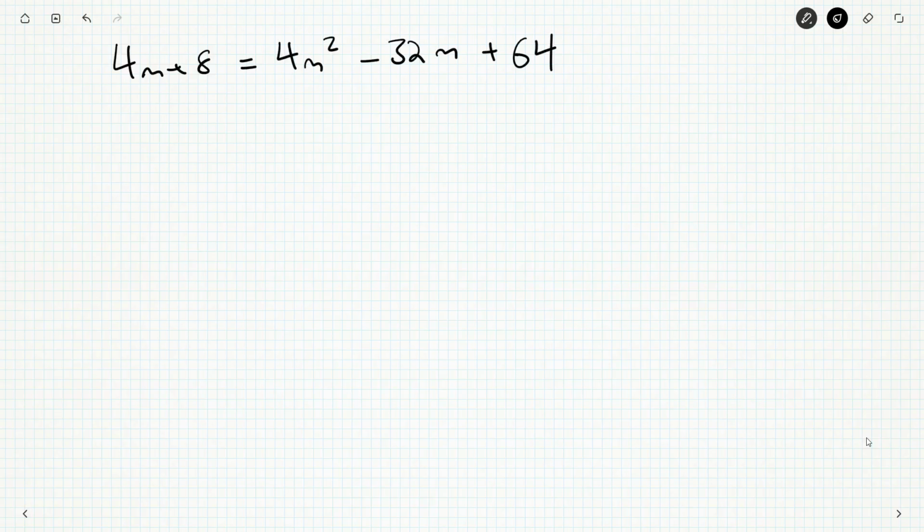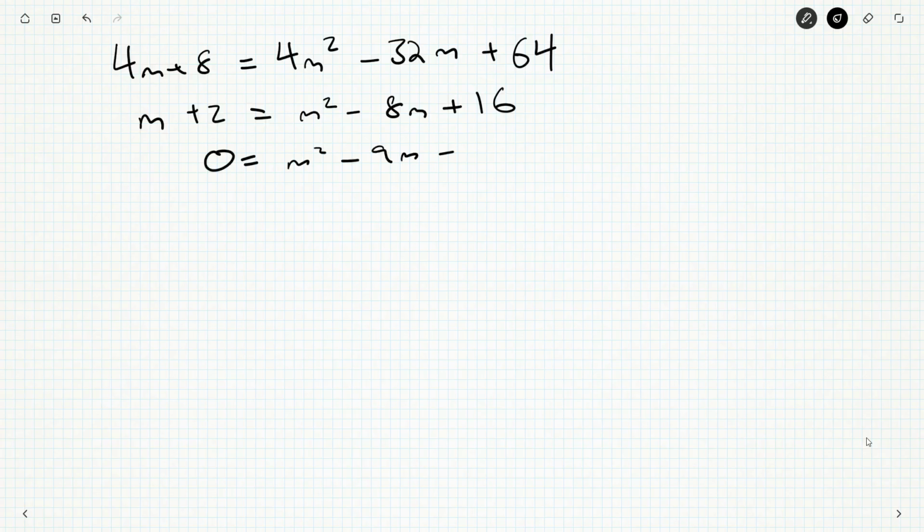And that, well, we can divide by 4 on both sides, so m plus 2 is m squared minus 8m plus 16. And 0 is m squared minus 9m plus 14.